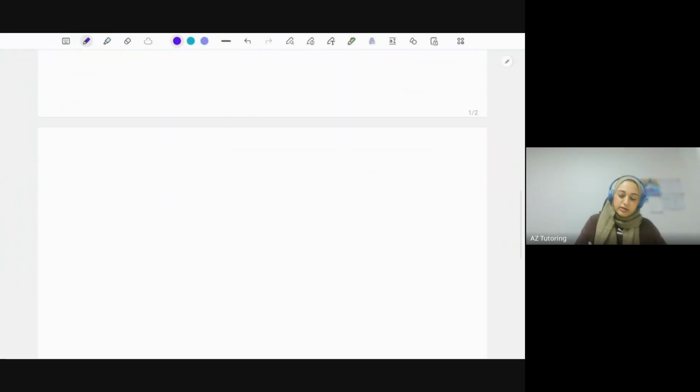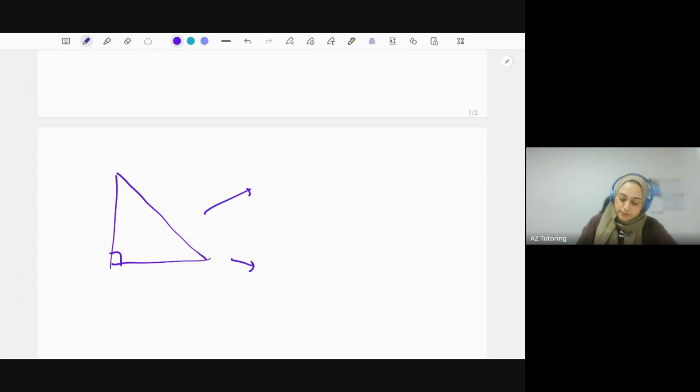Remember, if you've got a right angle triangle, so only for right angles, you can use Pythagoras, which is a squared plus b squared equals c squared. So that's only to find lengths. It's got nothing to do with angles.